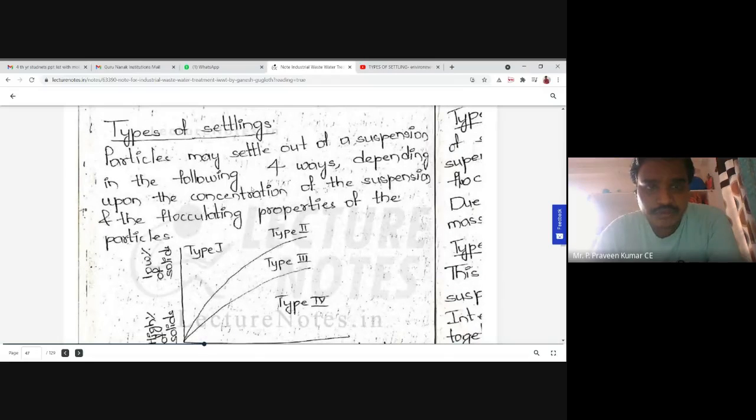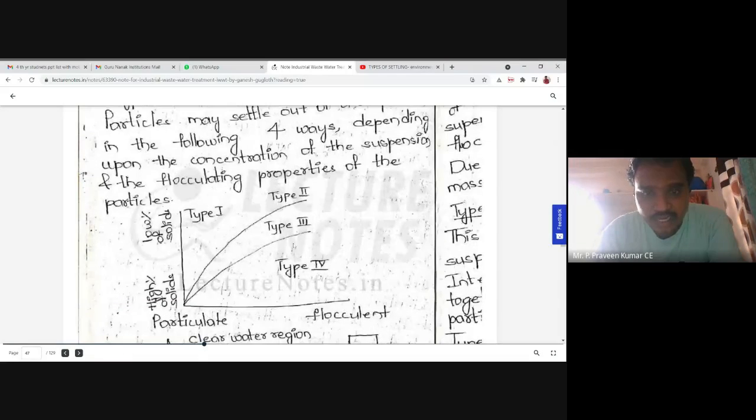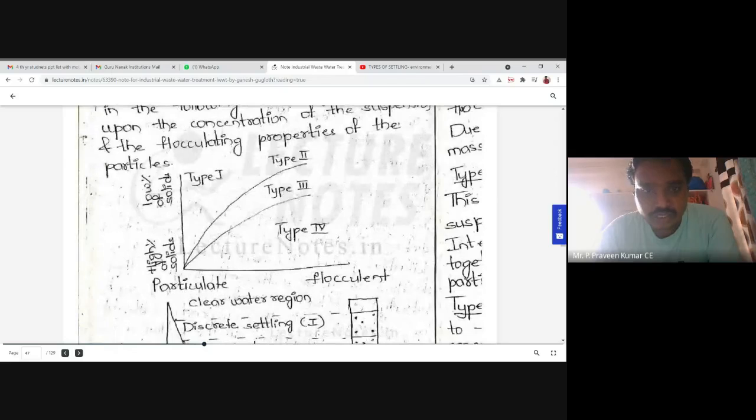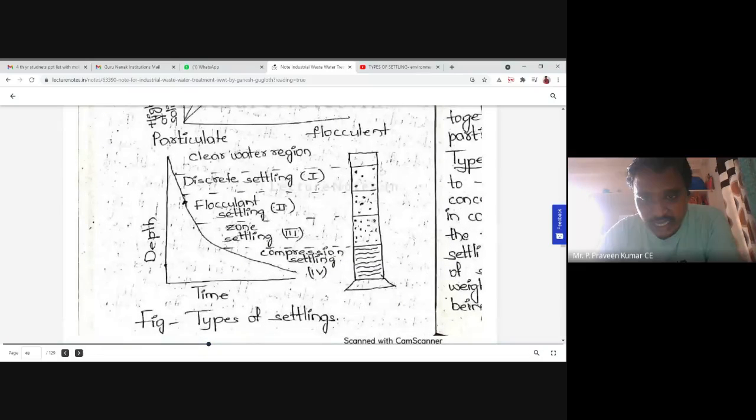But here we need to know the different types of the settling particles that will be considered, that are divided into four different ways. That is type 1, type 2, type 3, and type 4. Okay, how these four types of the particles will be settled at the bottom of the sedimentation tank. See here, you can see the graph as well as the diagram.